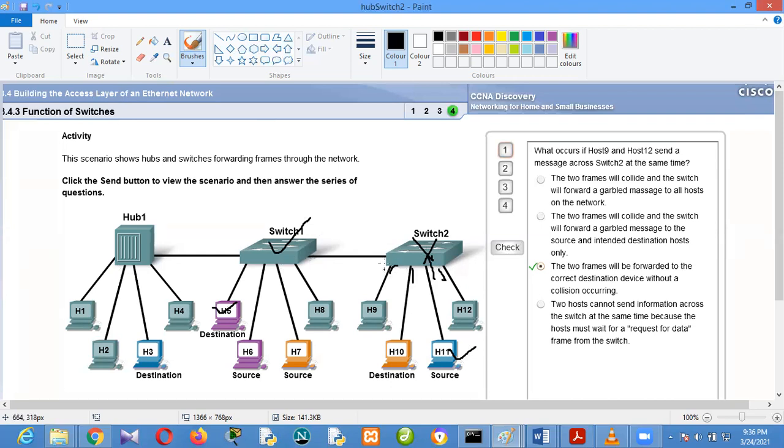But when it gets here, since the ARP table here is already filled, the switch will just respond without flooding. You understand? So the only time a switch floods messages is when the ARP table is blank. You understand? Yes, I do.